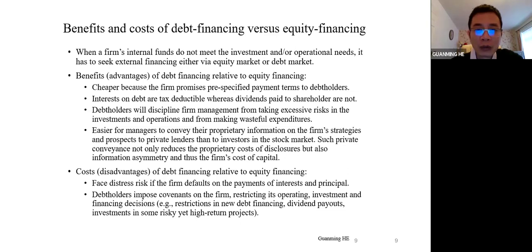The interest on debt is tax deductible, but the dividends paid to the shareholders are not. Creditors might discipline the firm managers from taking excessive risk in the investment and operation and from making wasteful expenditures. Furthermore, the managers only need to convey the proprietary information to the private lenders without releasing this information to the public.